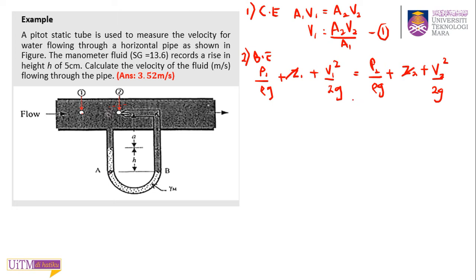And one more thing, apa lagi yang boleh cancel out? Or 0? V2. V2 is 0, because remember at this point 2, what we call the stagnation point, V is 0.